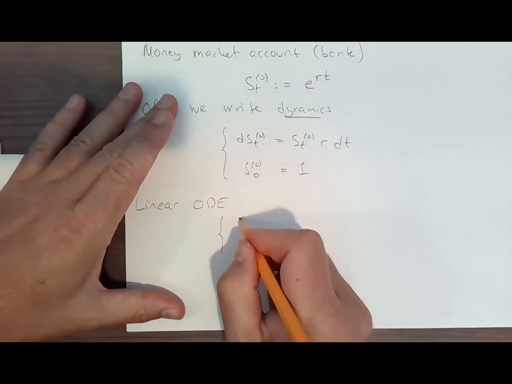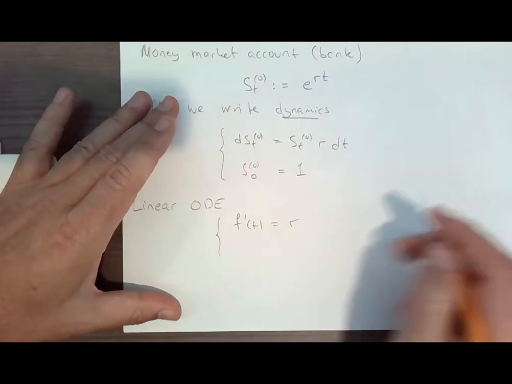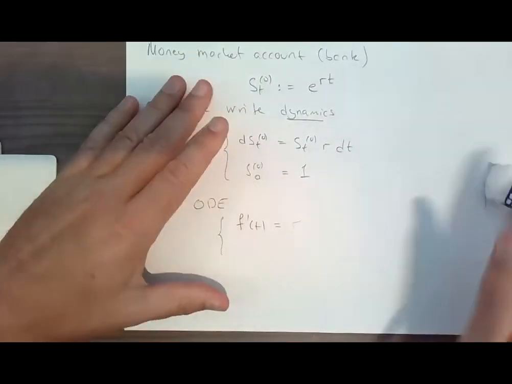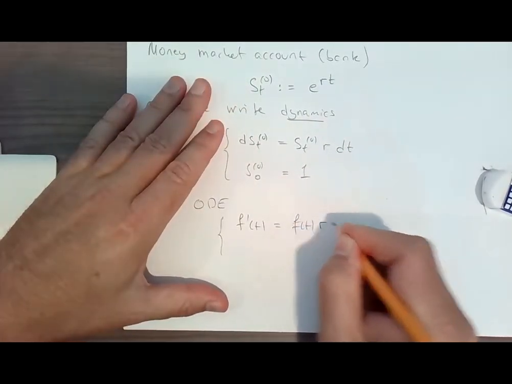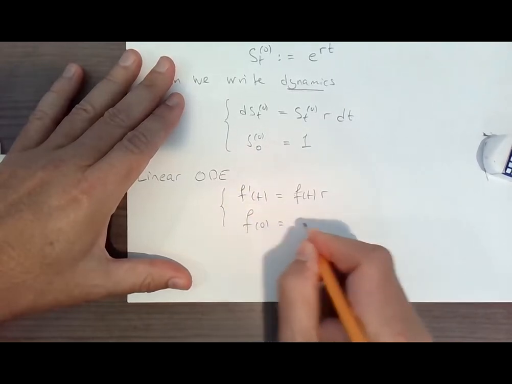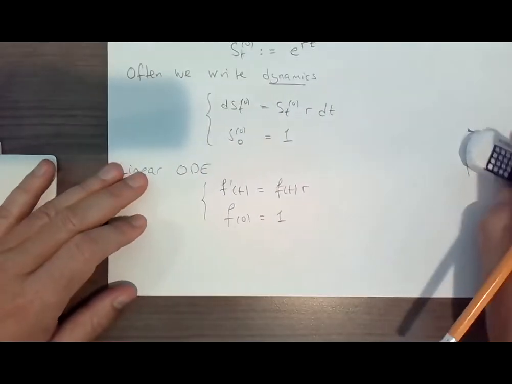I will tell you, f prime of t is equal to R times f of t, and the initial point at time 0 is equal to 1.